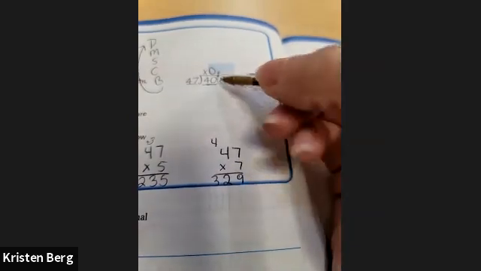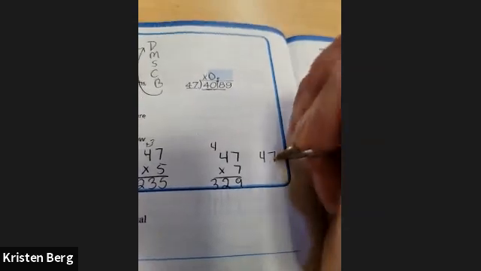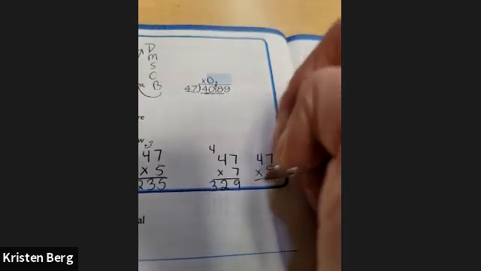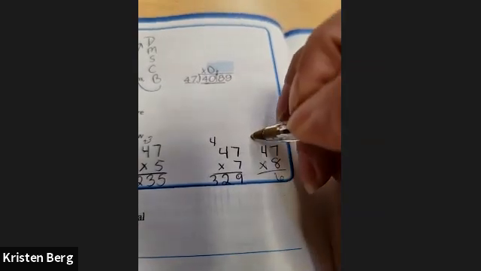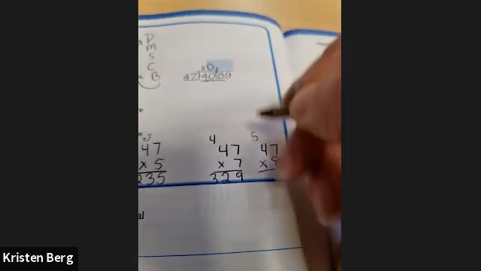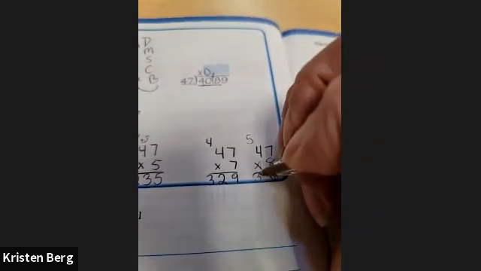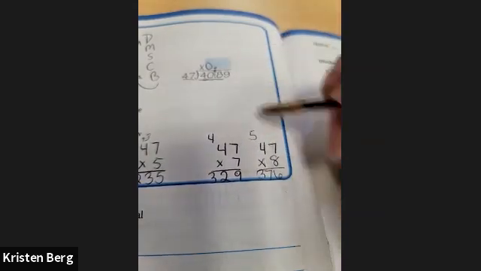Okay, which is still small. So maybe I can fit in one more. I better check and make sure. This would be 56. Carry your 5. This is 32 plus 5 is 37, which is still small.